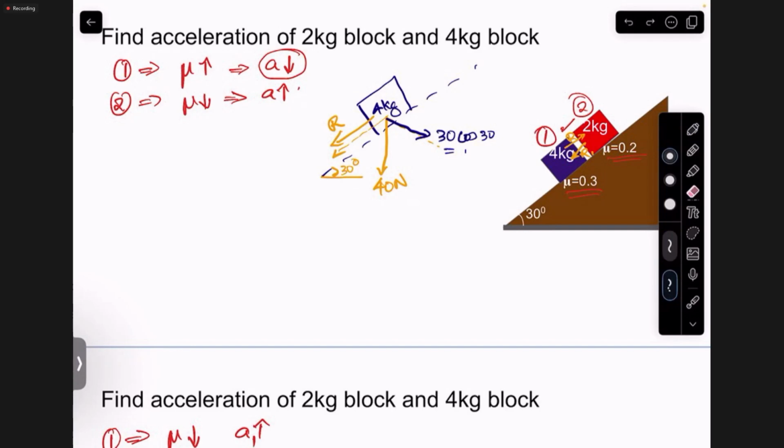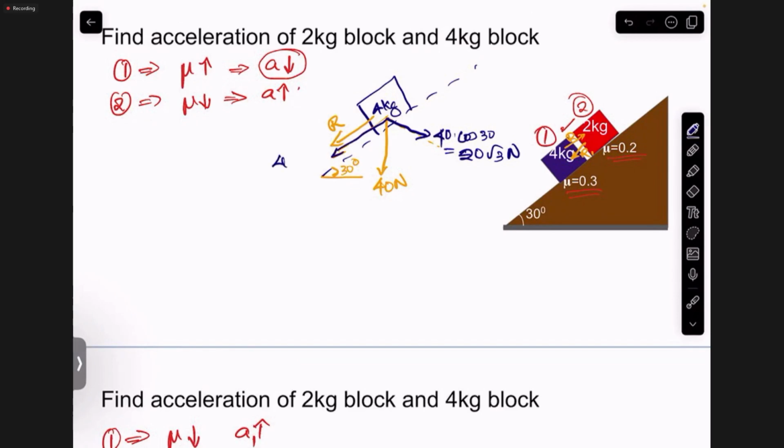This 40 Newton component we are talking about: 40 cos 30 is 40 root 3 by 2, that is 20 root 3 Newton. And on this side it is 40 sine 30, that is 20 Newton. And there will be a normal force over here, and a frictional force here.